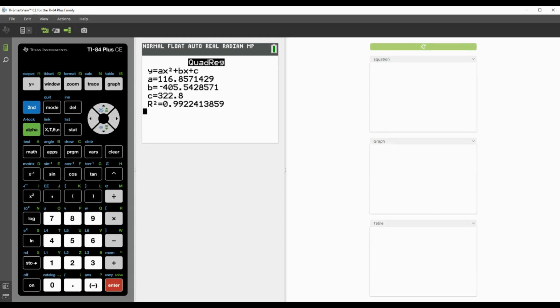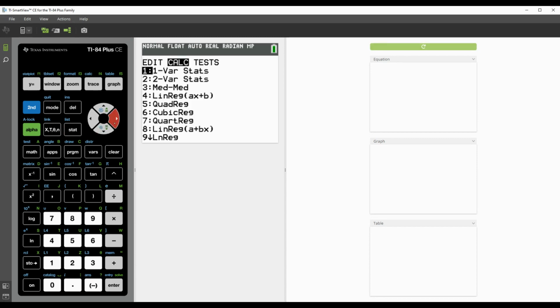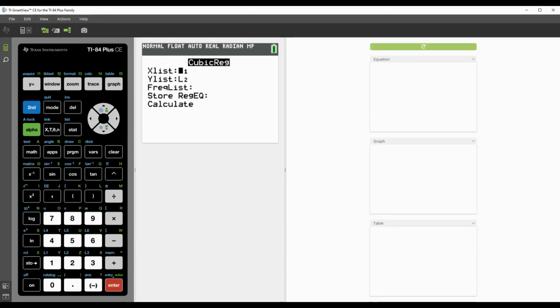Then I'm going to do it again, Stat, Calc, cubic regression. Sorry, my calculator is a little slow sometimes. Ooh, 0.999. Okay, so it's definitely cubic, not quadratic.